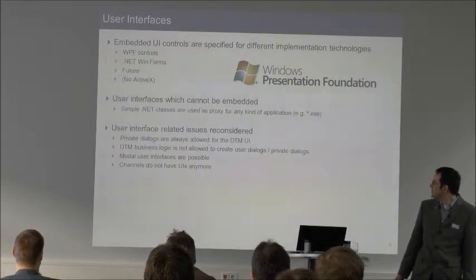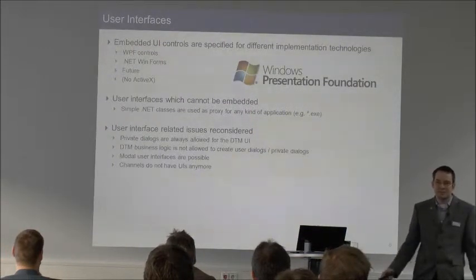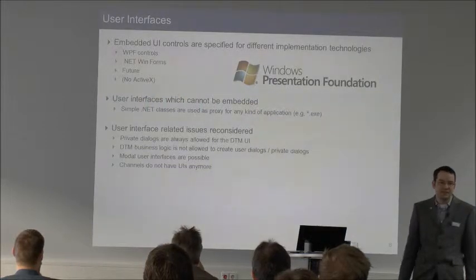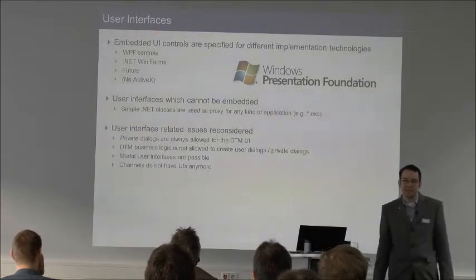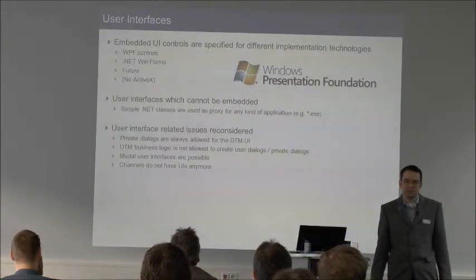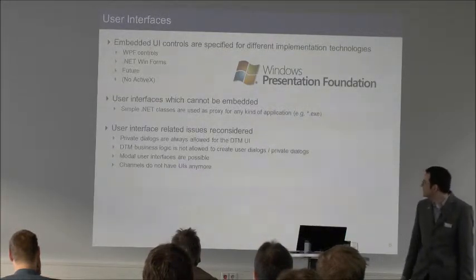The private dialogues mechanism was reworked. Currently, the frame can forbid private dialogues in DTMs. This means a DTM is not allowed to open message boxes or help files, for example. It's an important part of the certification.